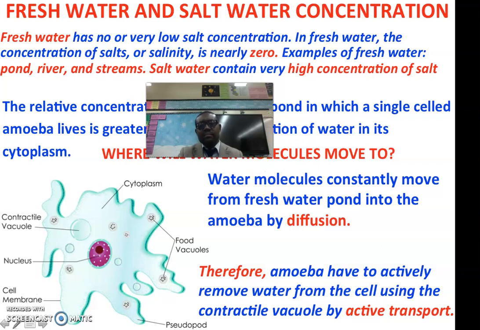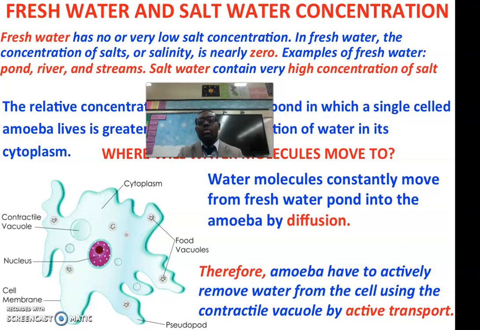It says fresh water and salt water concentration. When we talk about fresh water, it has no or very low salt concentration. So that means the salinity is 0 or very, very low. Examples of fresh water include pond, river, and stream.